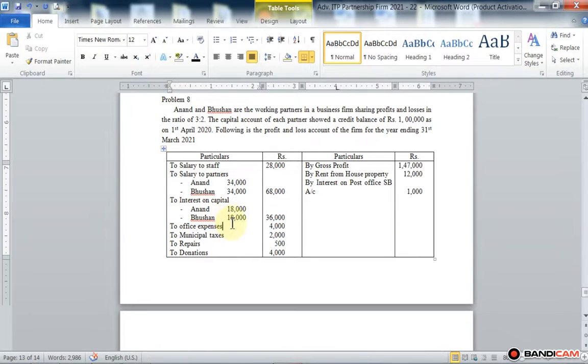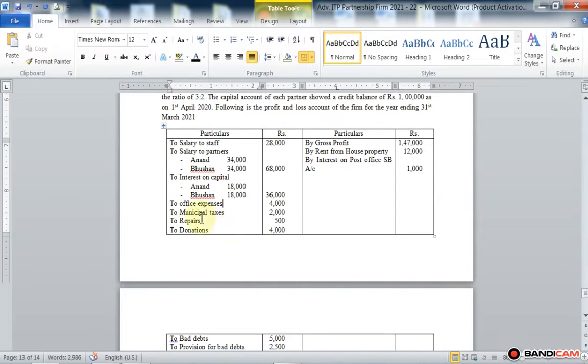To office expenses, so it is an expense relating to the firm. To municipal tax, so municipal tax is paid on property, so it is not an expenditure relating to the partnership firm.